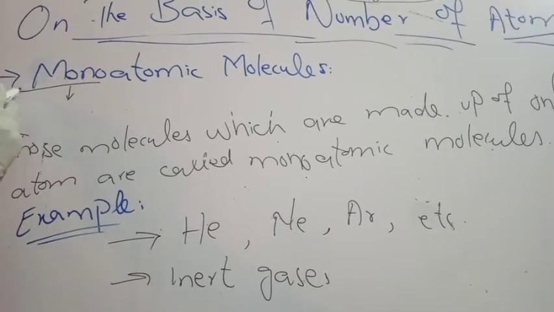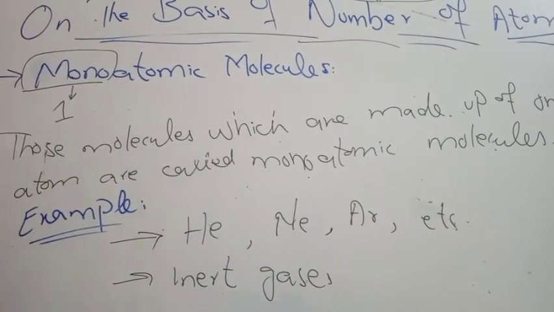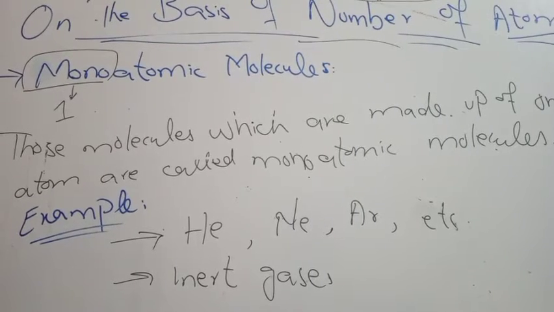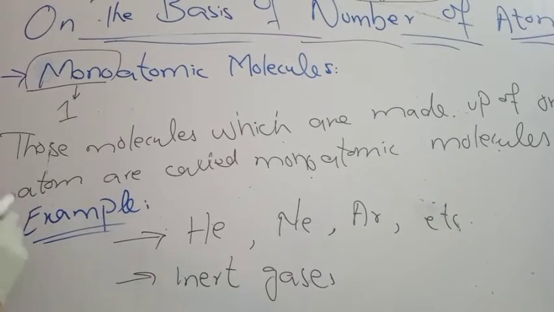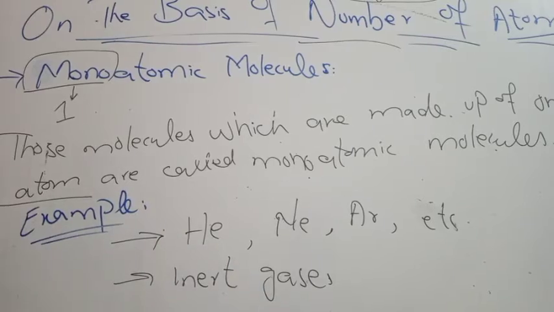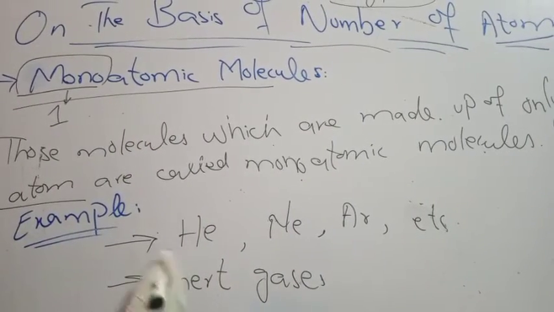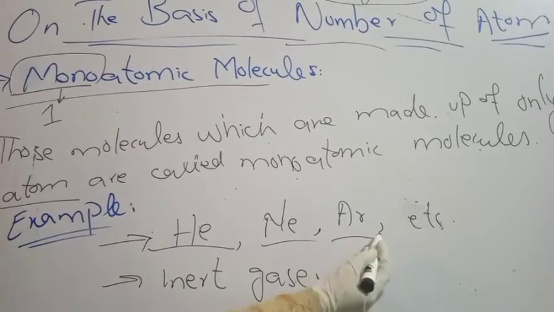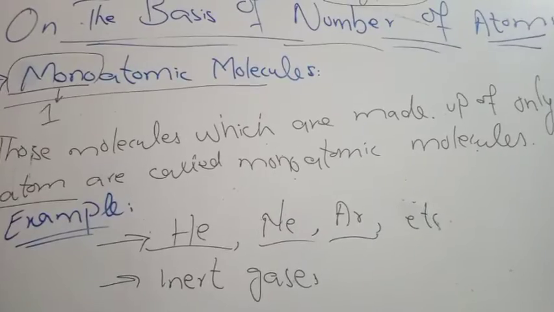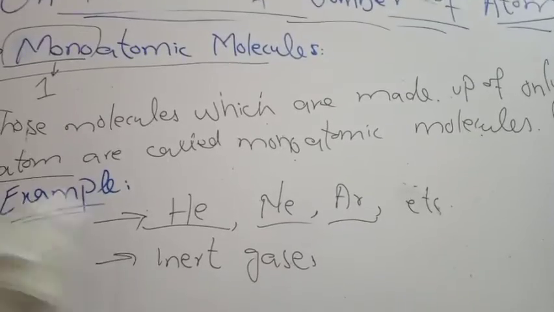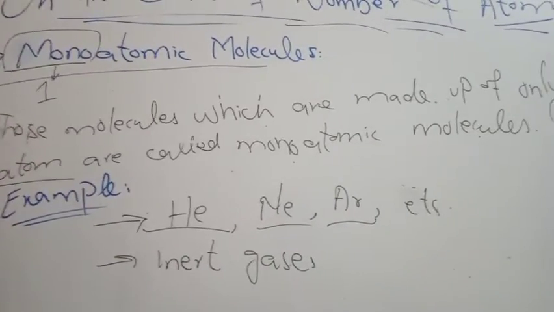Mono means one. So those molecules which are made up of only one atom are called monoatomic molecules. For example, helium, neon, argon, krypton, xenon, etc. These are examples of monoatomic molecules.